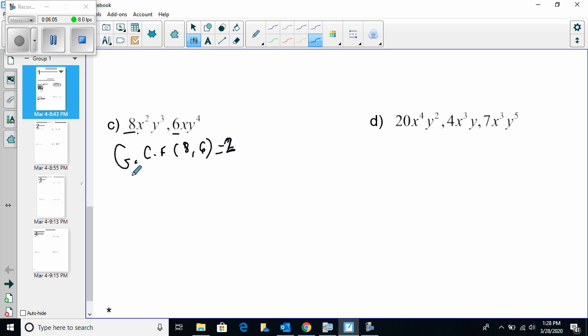And then the greatest common factor for x to the power of 2 and x.